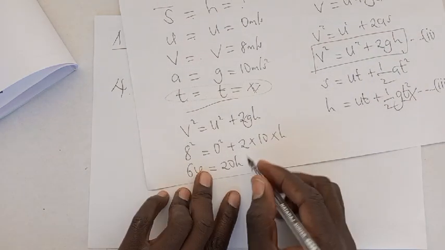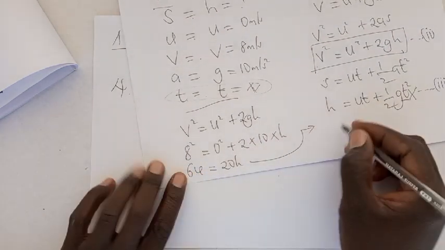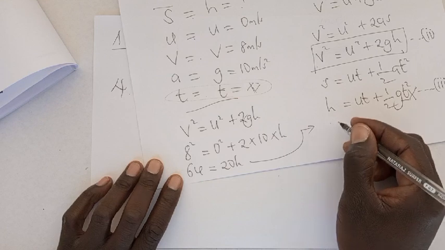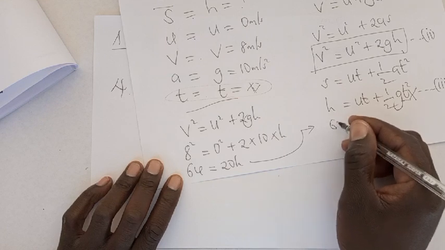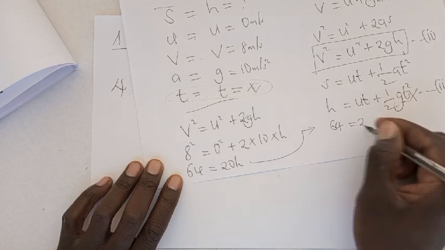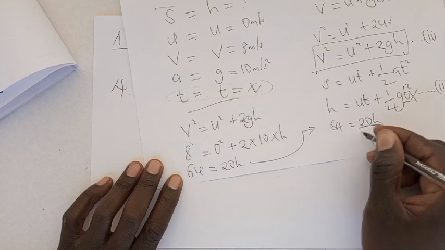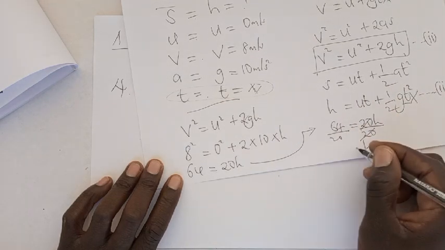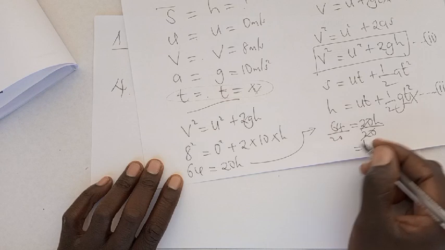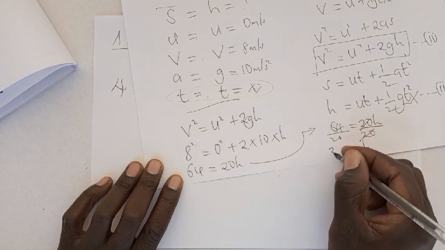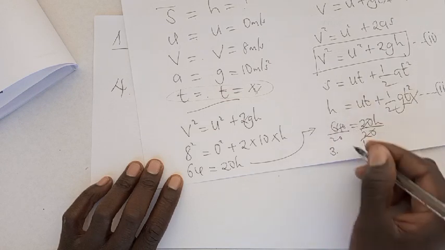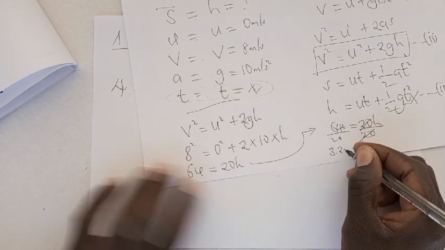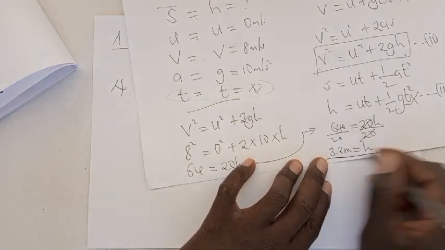So we say 64 is equal to 20h, over 20 over 20, so that we can find h, and h is going to be equal to 3.2 meters as our height.